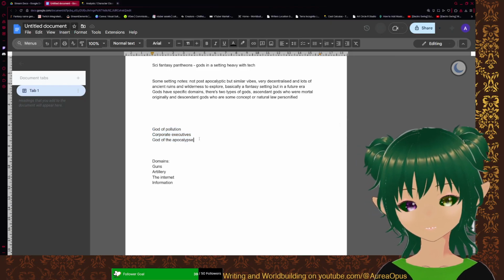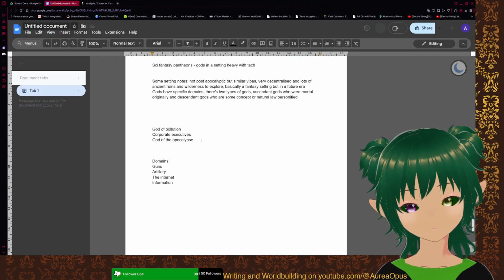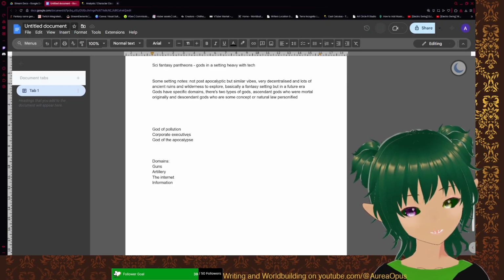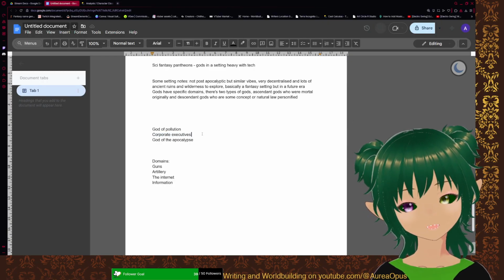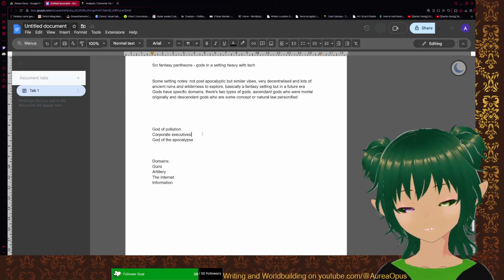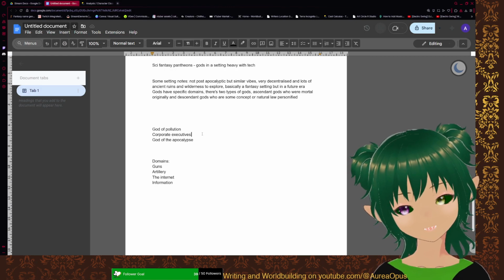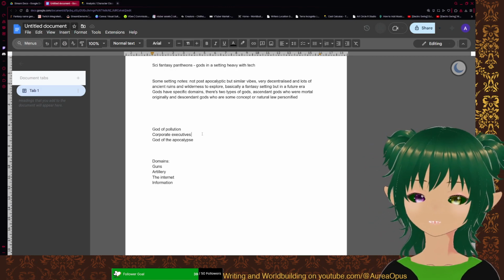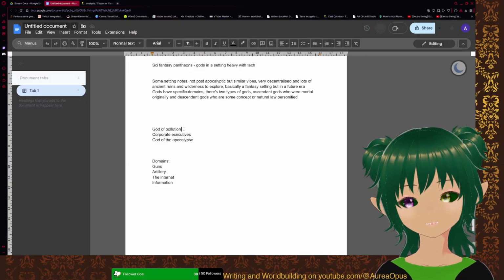Like maybe the god of the apocalypse has control over war, weapons of mass destruction, and fear as their domains, something like that. The evil pantheon of executives control, you know, wealth, business, and greed, something like that. The god of pollution might just have pollution singularly as their domain.